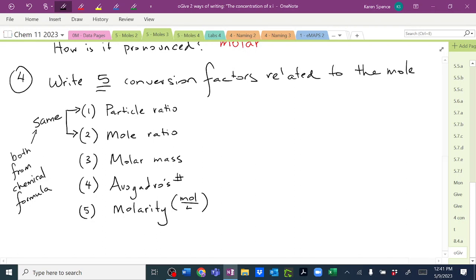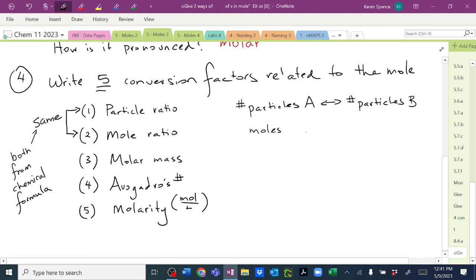If we have the particle ratio, what are we converting? We are converting from number of particles of A into the number of particles of B. If we have the mole ratio, we're converting from the moles of A into the moles of B. If we have molar mass, what are we converting?